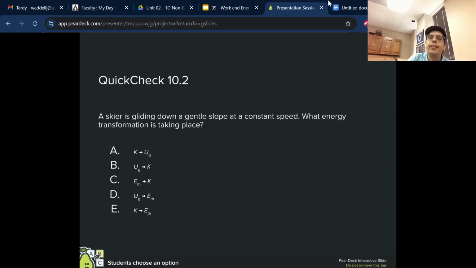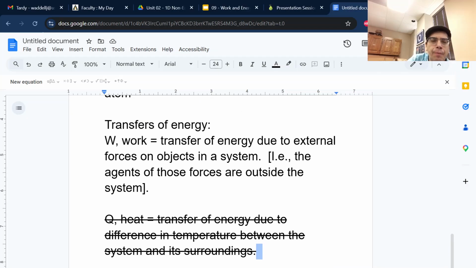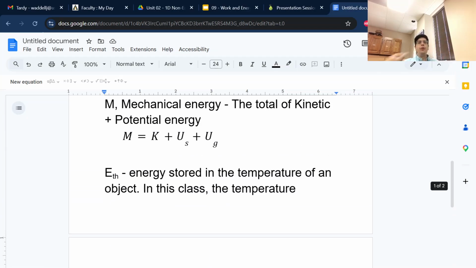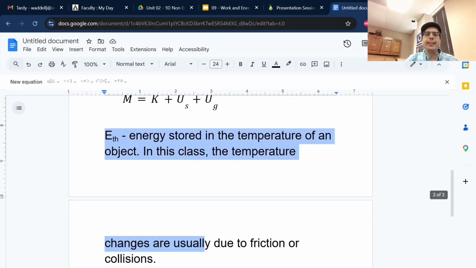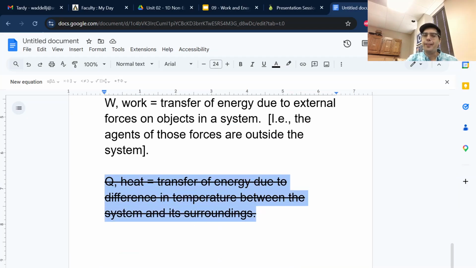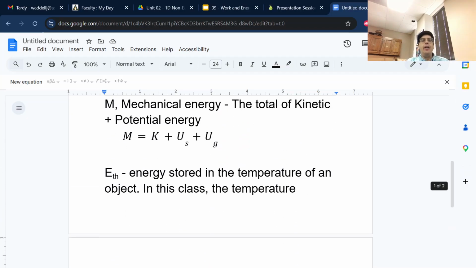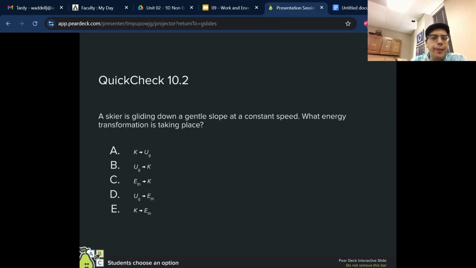No, so that is something I meant to specify, so I'm glad you brought that up. We have two things that sound very similar. We have thermal energy and heat, right? They sound very similar, but they are doing different things.